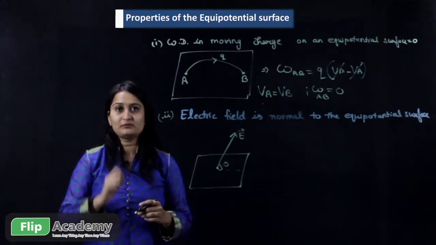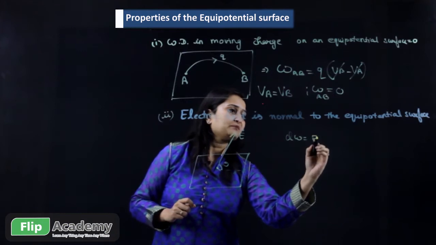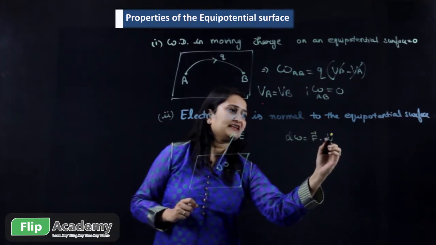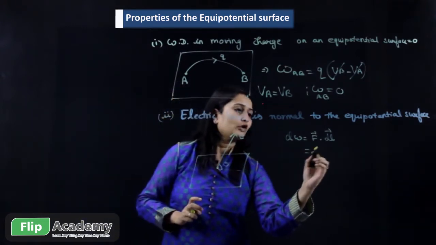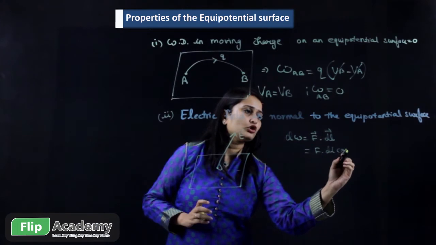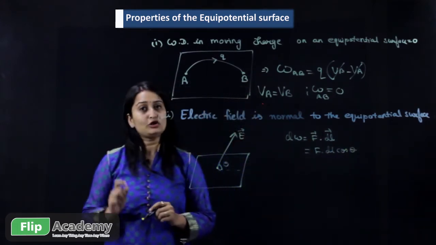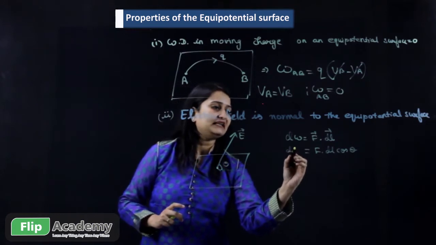Now let's move on to the proving. So dW is given by F dot dl. This is all what we know. If we expand and take the magnitude, it will become F dl cos theta. So this is your dW.